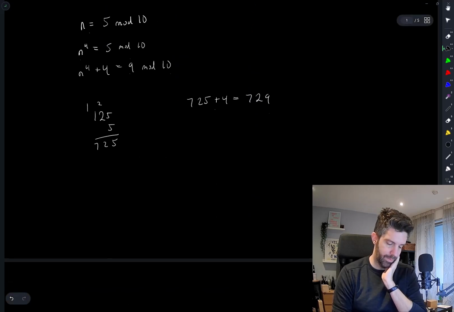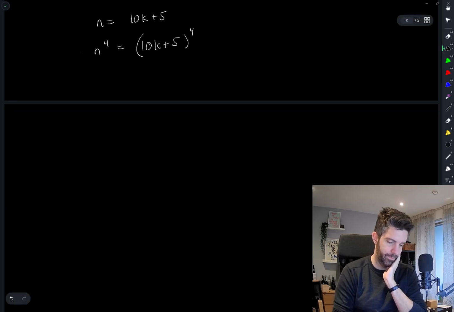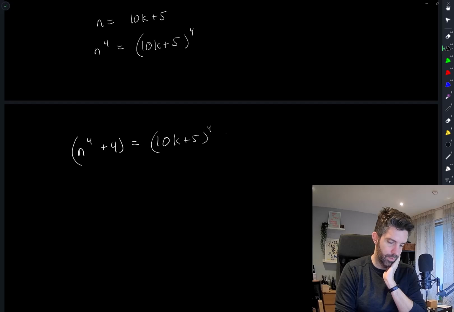What if we say n is equal to 10k plus 5? n to the 4 is 10k plus 5 to the 4, and n to the 4 plus 4 is 10k plus 5 to the 4 plus 4.